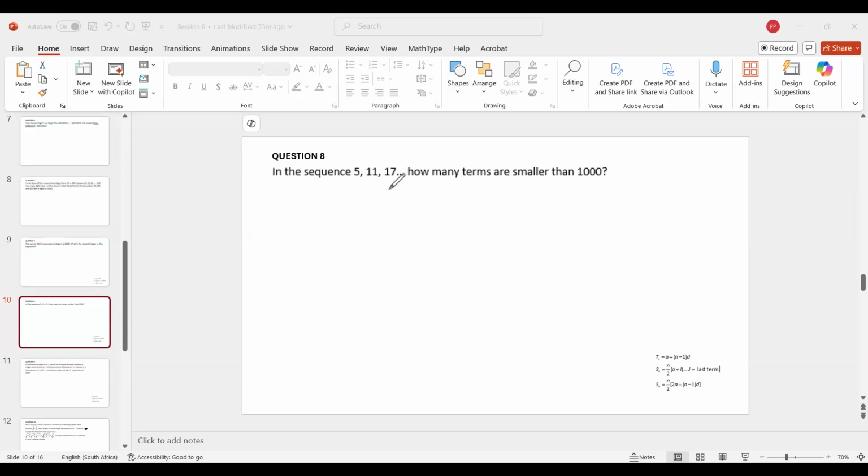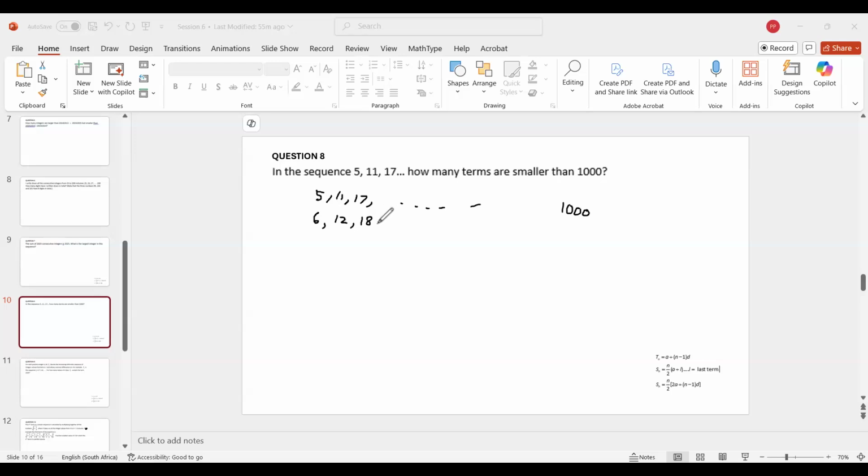But I have another way of doing this. Because the common difference is 6, you can create multiples of 6 here. So I've got 5, 11, 17, going all the way up to 1,000. Now suppose we want to know how many terms are here. So instead of counting how many terms there are, why don't I just add 1 to all of them?